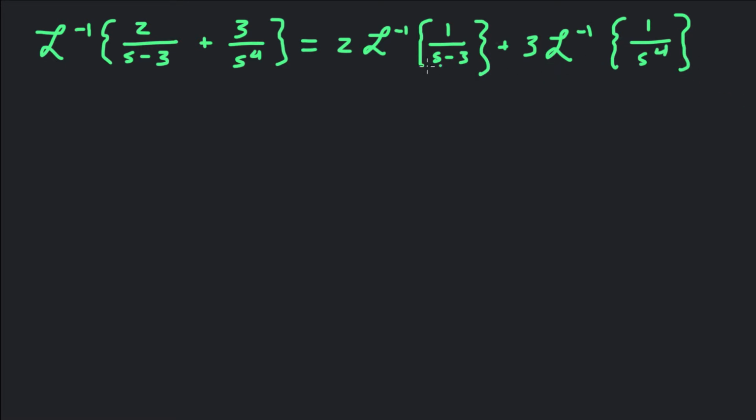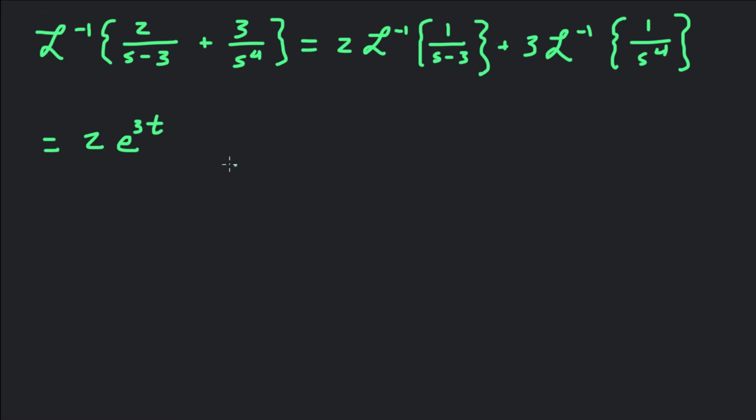The first one is actually very straightforward. It's just 2 times e to the 3t, because the Laplace of e to the 3t is just 1 over s minus 3. That inverse Laplace transform is very straightforward from what we know about Laplace transforms.